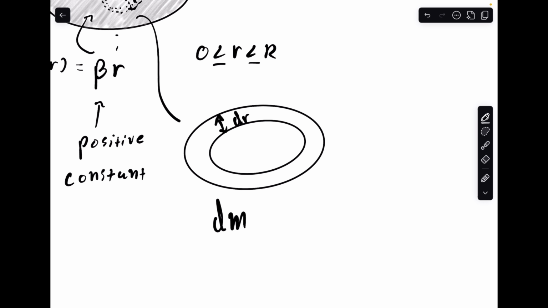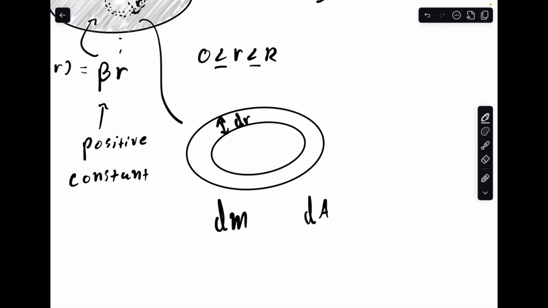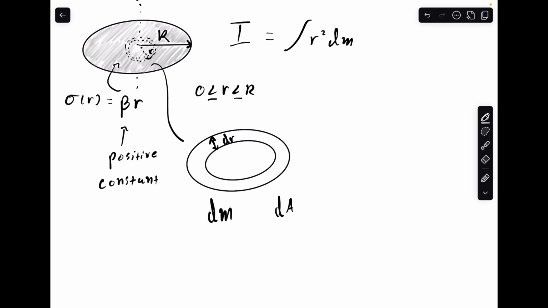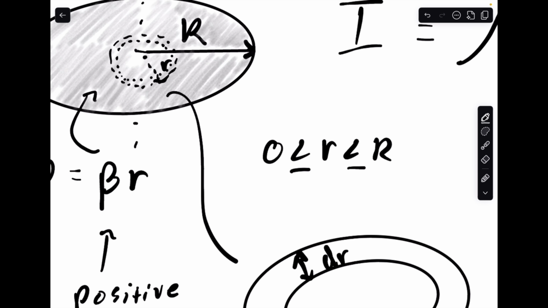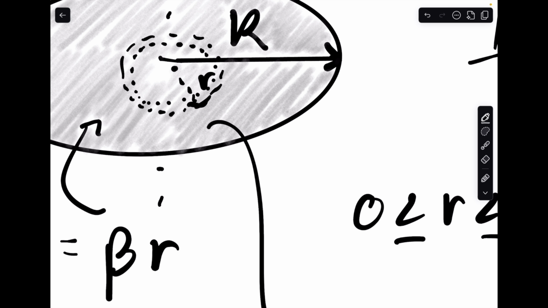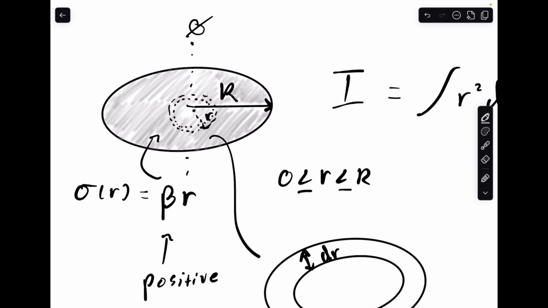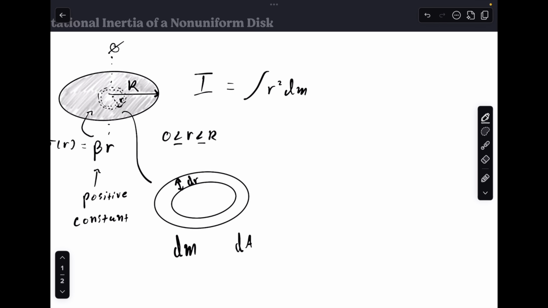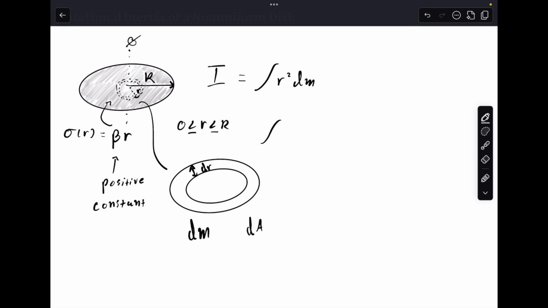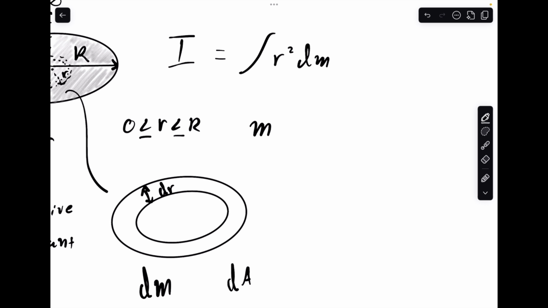But now we need to ask ourselves, what is the area of that little hoop, dA? Because what I want to think about is if I sum up all of these little hoops, going from 0 to r, that are infinitely small, shouldn't that give me the entire rotational inertia of that disk? I know the rotational inertia of a hoop is m r squared.